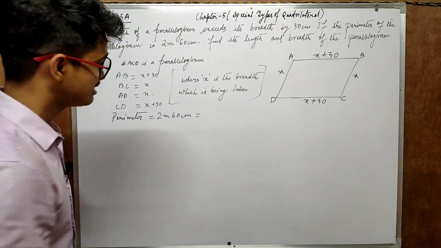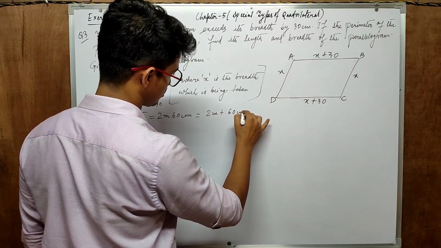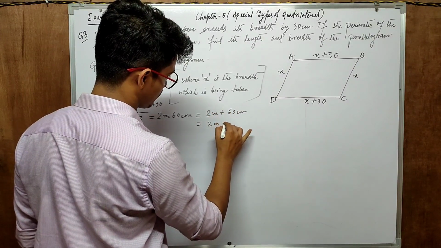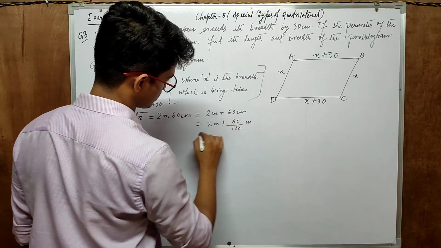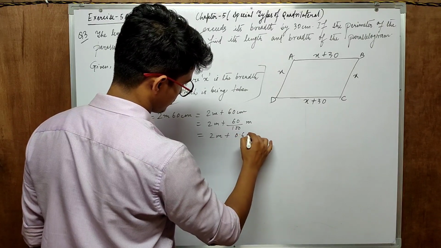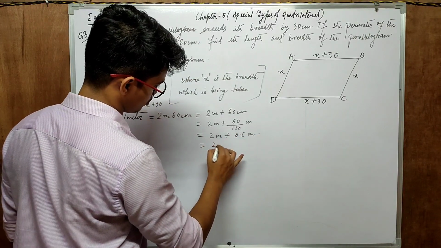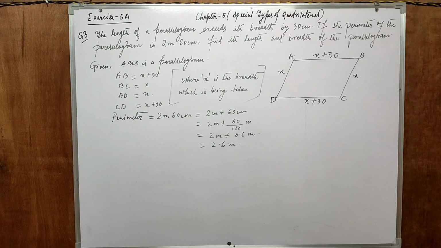It is very easy. 2 meter plus 60 centimeter is 2 meter plus 60 by 100 meter. 60 by 100 meter is 0.6 meter. So that means 2.6 meter, right? So 2.6 meter is our perimeter.